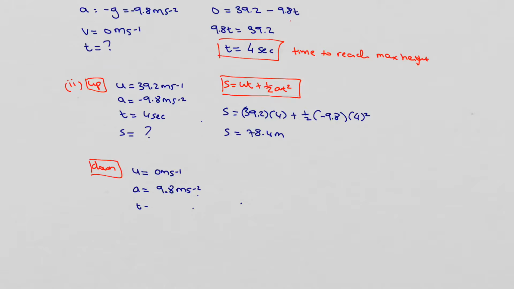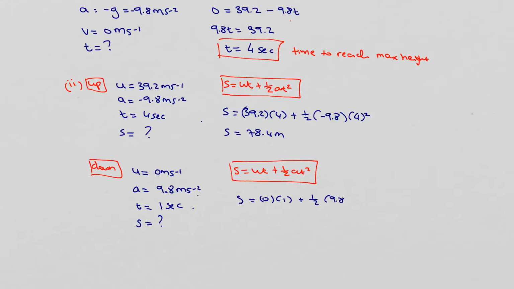And we're looking for 1 more second, because we've already done 4 seconds, and the total time for travelling in this question is 5 seconds. And again, we're looking for S. So it's the same equation. S equals ut plus a half at squared. And then if we sub in our values, we have S is equal to u by t plus a half by a by t squared. And then that gives me 4.9 meters.